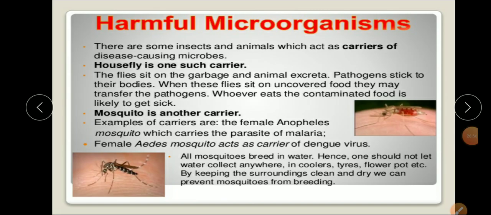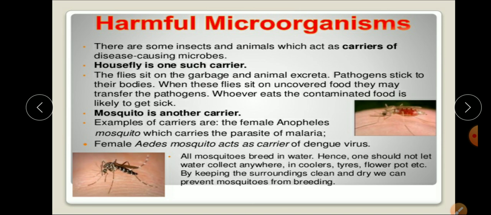So harmful microorganisms in such time, there are some insects and animals which act as carriers of disease causing microbes. There are some insects or some animals which can act as carriers for causing such disease by these microbes. So first we will say housefly is one such carrier, isn't it?